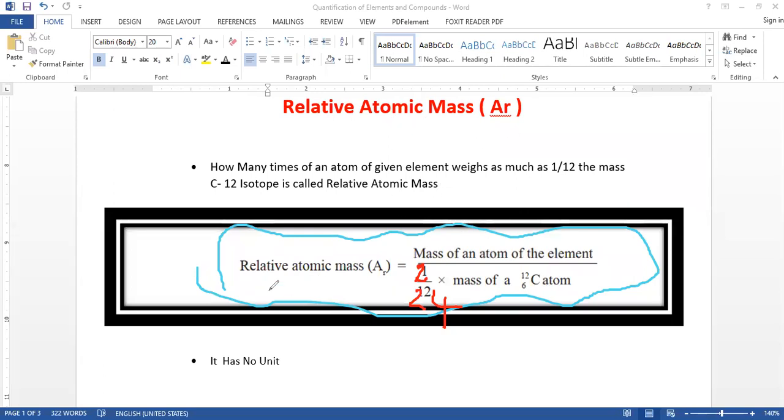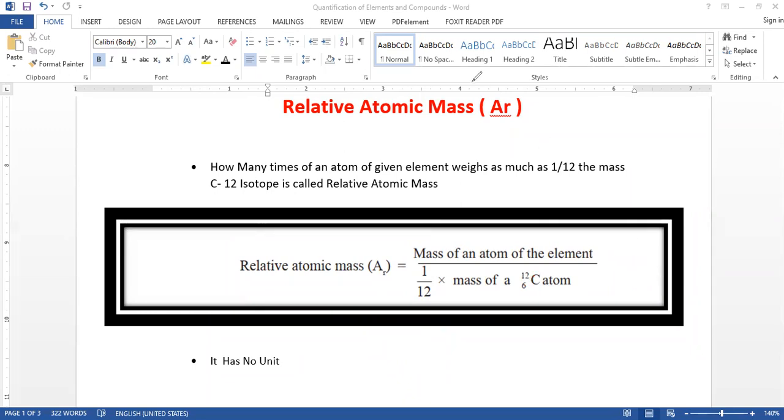They will give relative atomic mass Ar equals mass of n atom of the element over 1 over 12 into mass of a 12C carbon atom. Is it correct? Yes, correct, because the ratio would be simplified to 1 over 12. Sometimes they will give 14C, not 12C. Is it correct? No, wrong.